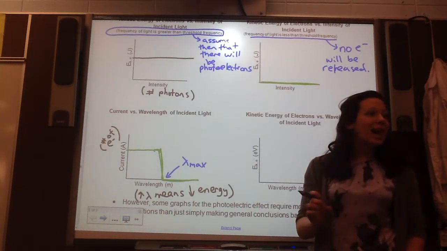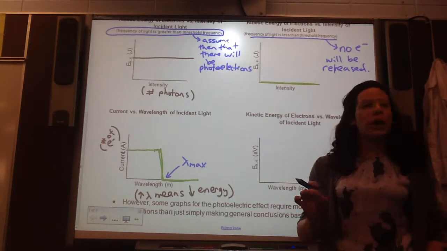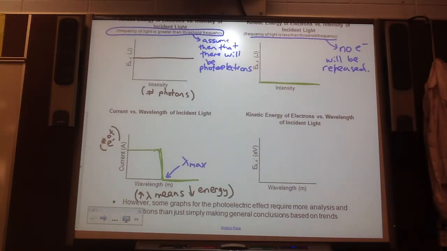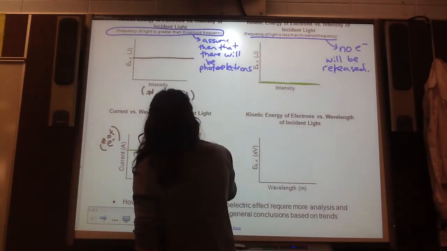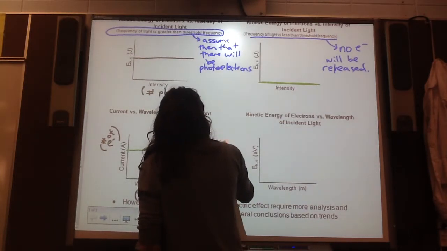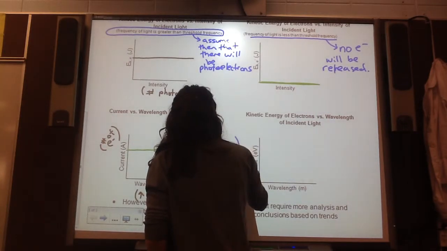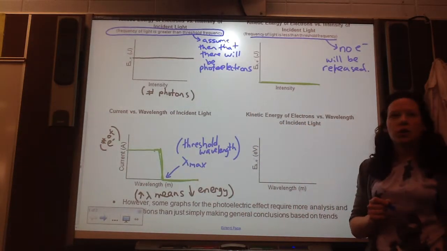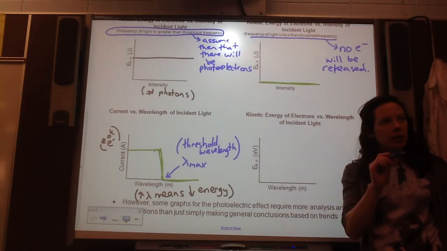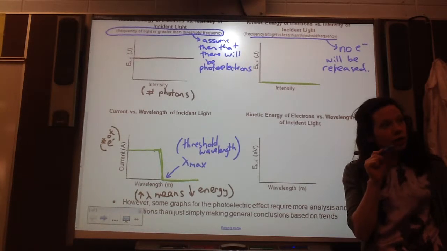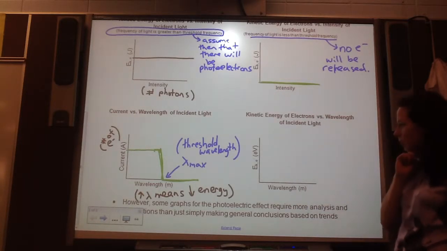Which is the lowest energy. So whatever wavelength maximum is, you would be able to find your threshold frequency. It's kind of like a threshold wavelength. You could take that wavelength maximum, and you know your speed is always 3 times 10 to the 8th, and you can find your frequency.